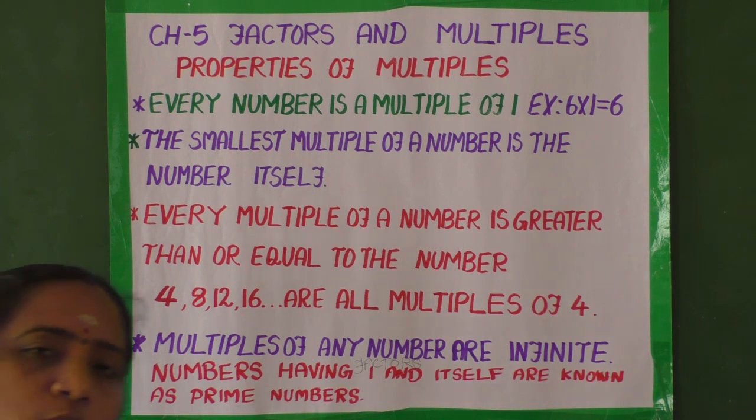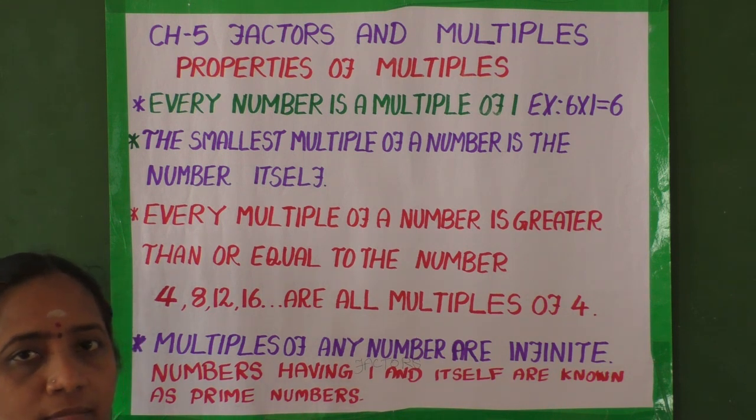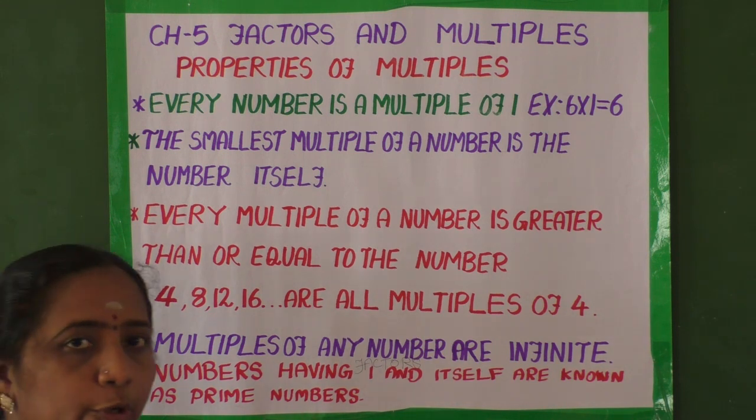Okay. Then composite numbers. What is meant by composite numbers? Composite number means numbers having more than 2 factors. Okay, I will show you.